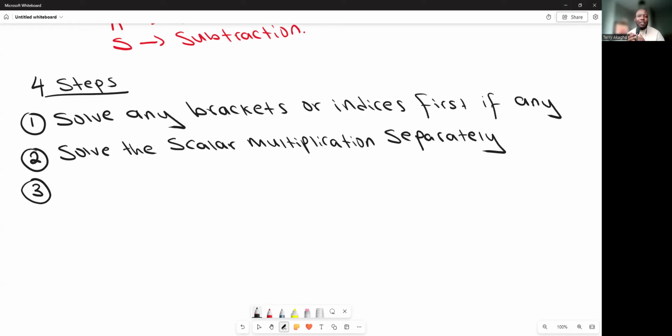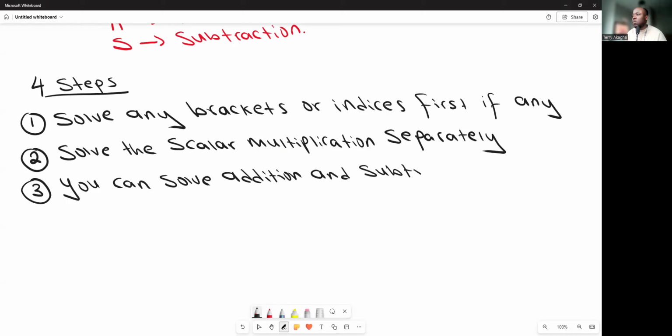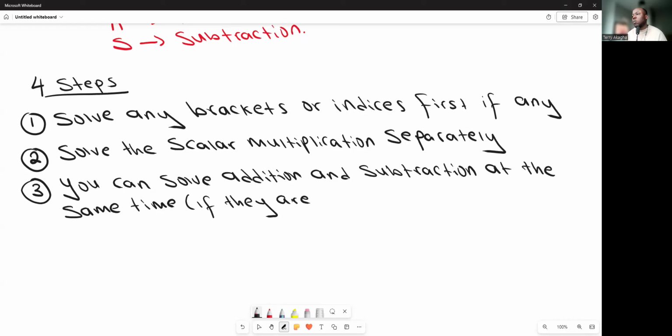But usually I find it easier to just do both the addition and subtraction at the same time, usually if they are both in the same question.